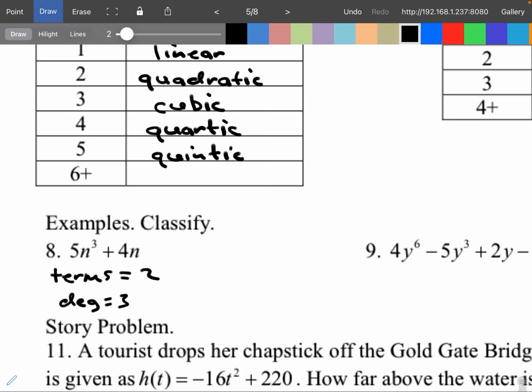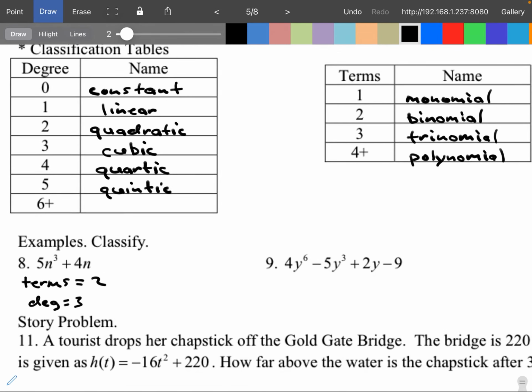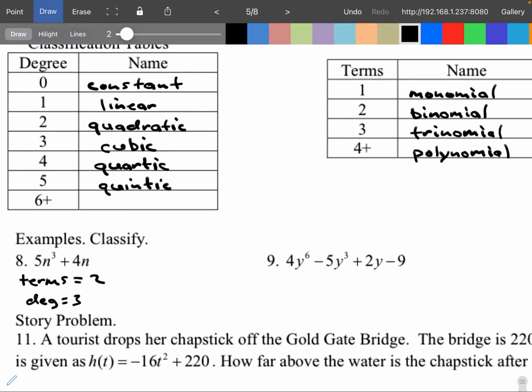So if it's degree 3, it's called cubic, right? I'll put this where you can see it. So if it's degree 3, it's cubic. So this one would be a cubic. And it's got 2 terms, so it's a binomial. So that one's a cubic binomial.